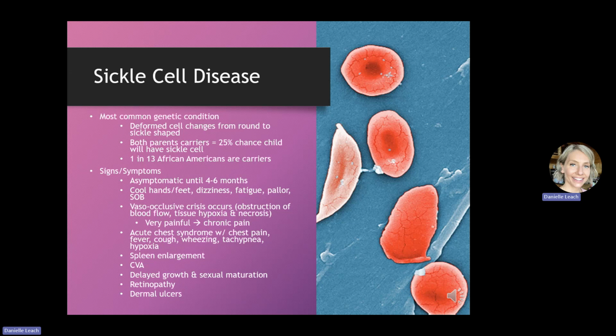Also, there can be vaso-occlusive crises in the actual spleen, so obstruction of blood flow through the spleen, which can cause splenomegaly. They can also have obstruction in the brain, which could lead to a CVA or a stroke.